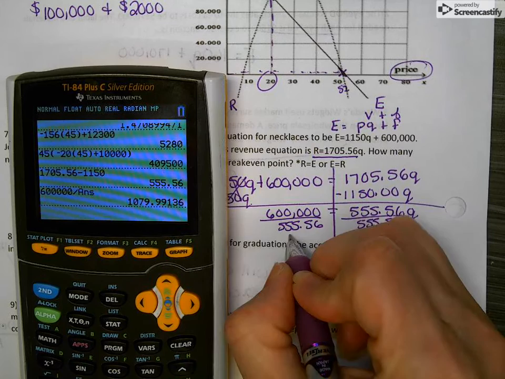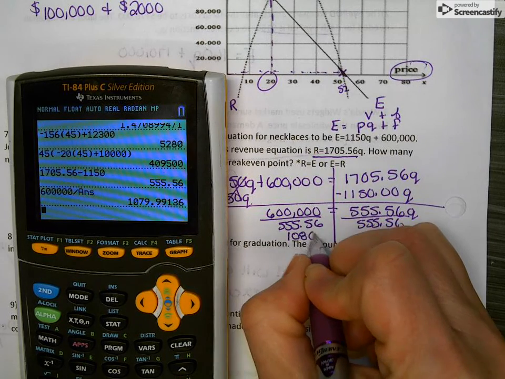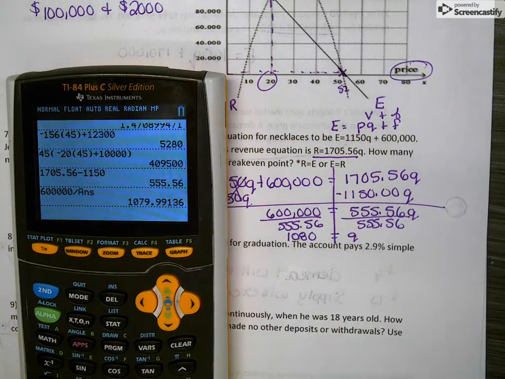And we are looking at a quantity of, I'm just going to round it up to 1,080 equals Q.